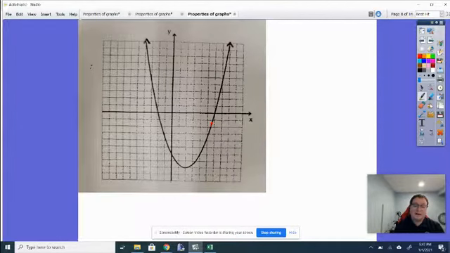And I can keep going back until I hit this vertex. Now, I can't include that vertex, because at that vertex, if I go back a point, and again, hand wavy here, then the output of that previous point is greater. So I don't include the vertex.